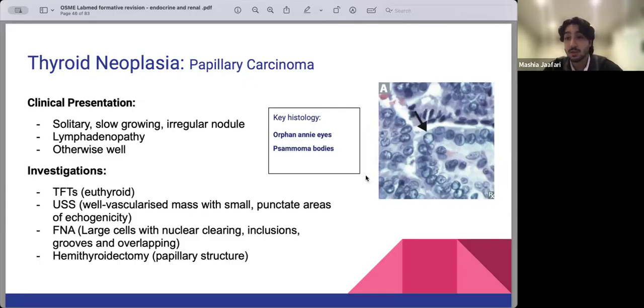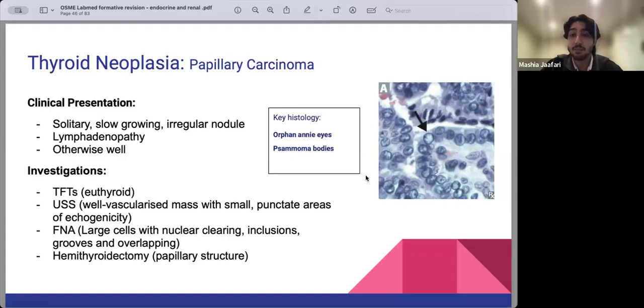And there's two key histological things that are asked about sometimes. One is Orphan Annie eyes, which I've shown you guys a picture of on the right. So there are these cells that have a clear cytoplasm, so they look like eyes. And you can also get these things called psammoma bodies, which are basically calcium deposits that form rings.